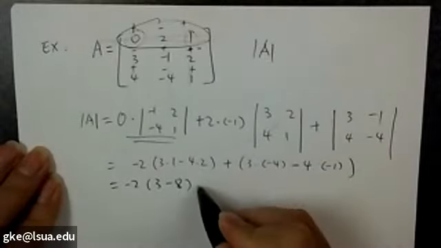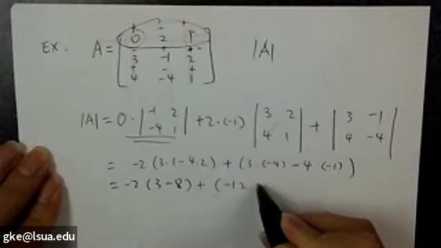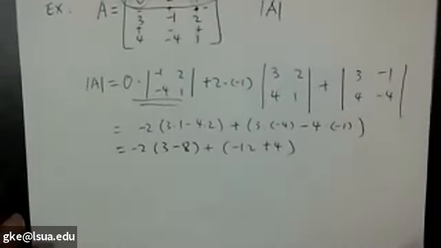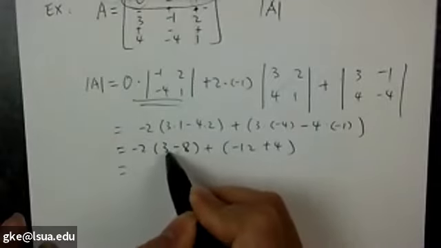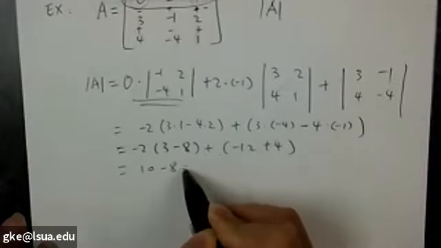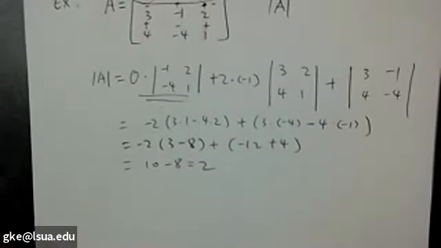So here is -12 plus 4, right? And again, it's -2 times -5, 10. Equals 2, okay?